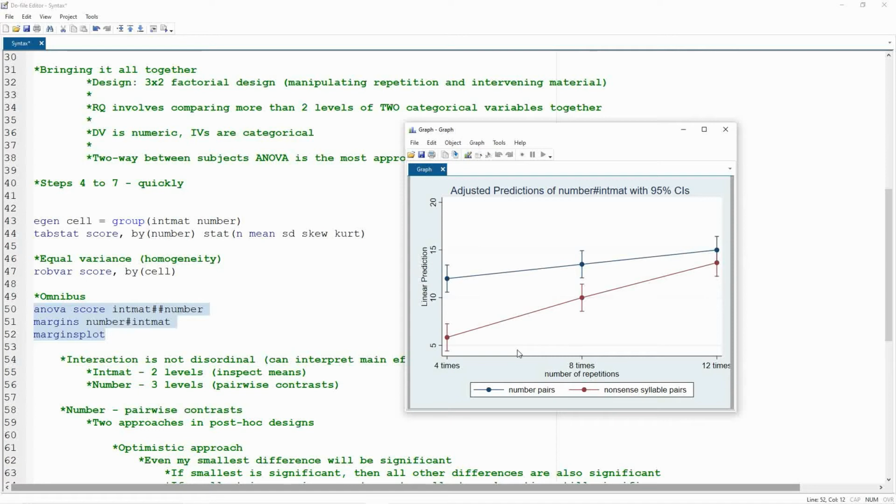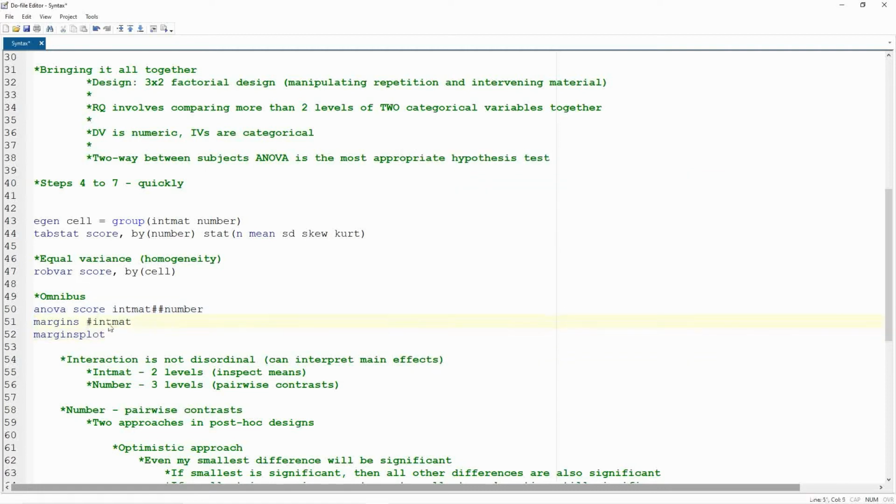So the biggest difference of differences is between my intervening materials at 4 times repetition compared to 12 times, because the distance between these dots is really large, my largest, and this distance is my smallest. If I reversed this and did it the other way, I would come to the exact same conclusion.